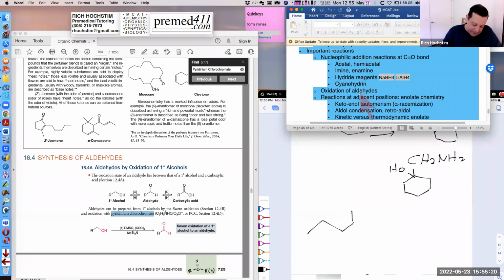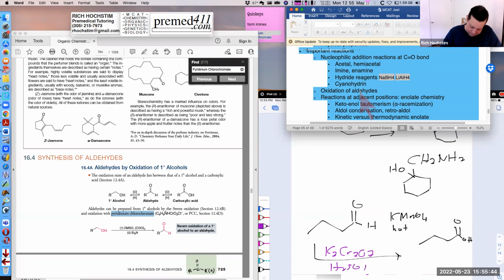If you have an aldehyde like this, and you use KMnO4, it's memorization, and hot, then what you end up getting is a carboxylic acid. That's how that works. And then if you come over here and you use K2Cr2O7, H2SO4, and water, this is going to be Cr6.